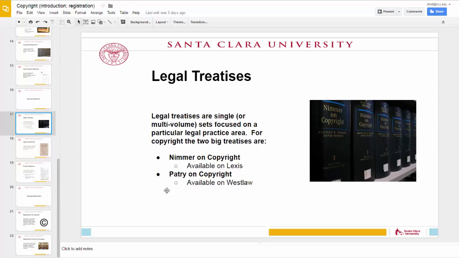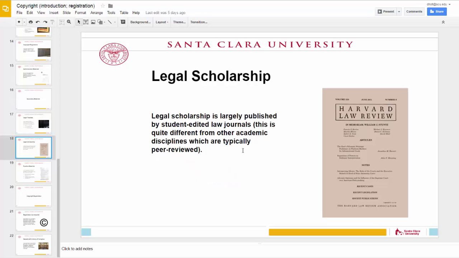Legal scholarship is also an important area of materials dealing with copyright. Legal scholarship is published largely by student-edited law journals, and we're quickly moving towards an open access publishing model for legal scholarship. So legal scholarship is likely to be available via a Google search, as many law schools are placing their law reviews on institutional repositories or on their own websites.